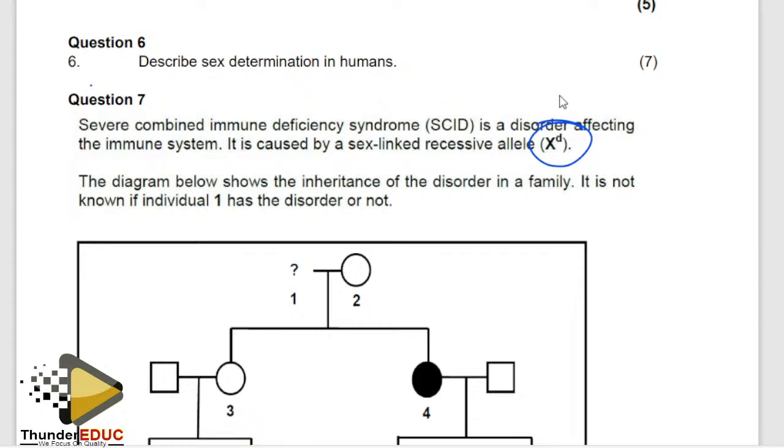Because if it is caused by a recessive allele, the one who is homozygous recessive is the one who is going to be affected. If it is caused by a dominant allele, the one who is homozygous recessive is going to be normal. Let me show you using here.